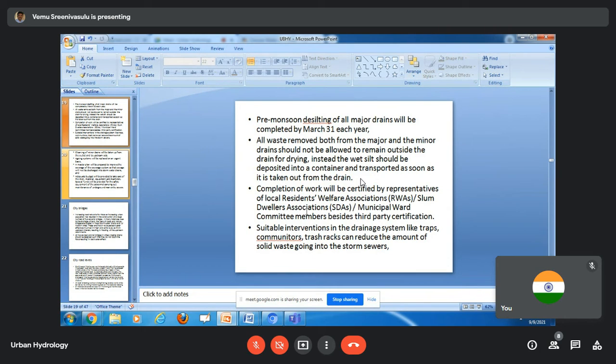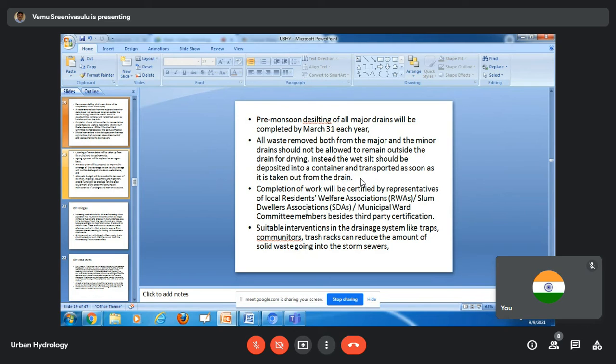Say, during the cleanup of major and minor drains, they just remove the silt and keep it beside the drains. If that happens and a small rain occurs, it will again go into the major and minor drains. Instead, once they remove it, it should be properly put in a container and transported to a suitable dumping yard. There only they have to dispose of it.